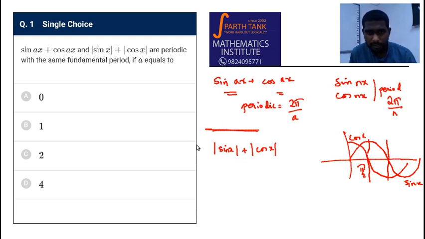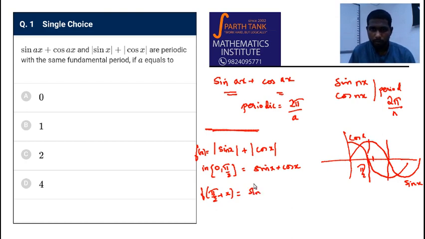What I am trying to say is, let us keep this as f of x. Now, in 0 to pi by 2, this is going to be equal to sin x plus cos x because both are positive. Now let us take an angle pi by 2 plus x, something in the second quadrant. That would give me mod of sine of pi by 2 plus x plus mod of cos of pi by 2 plus x.